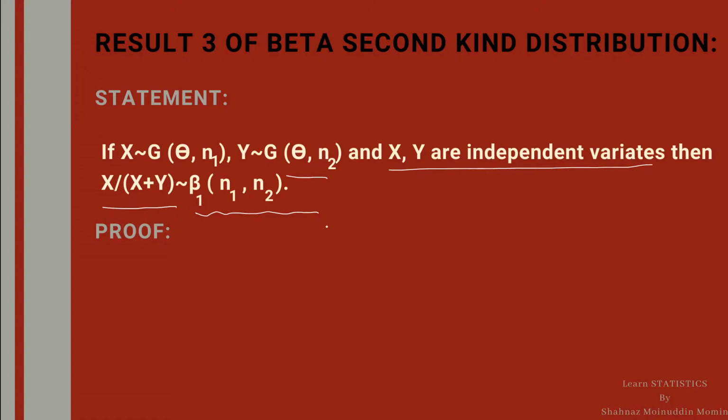Now we shall start with the proof, the derivation of the distribution of the function X upon X plus Y, where X and Y are independent gamma variates.